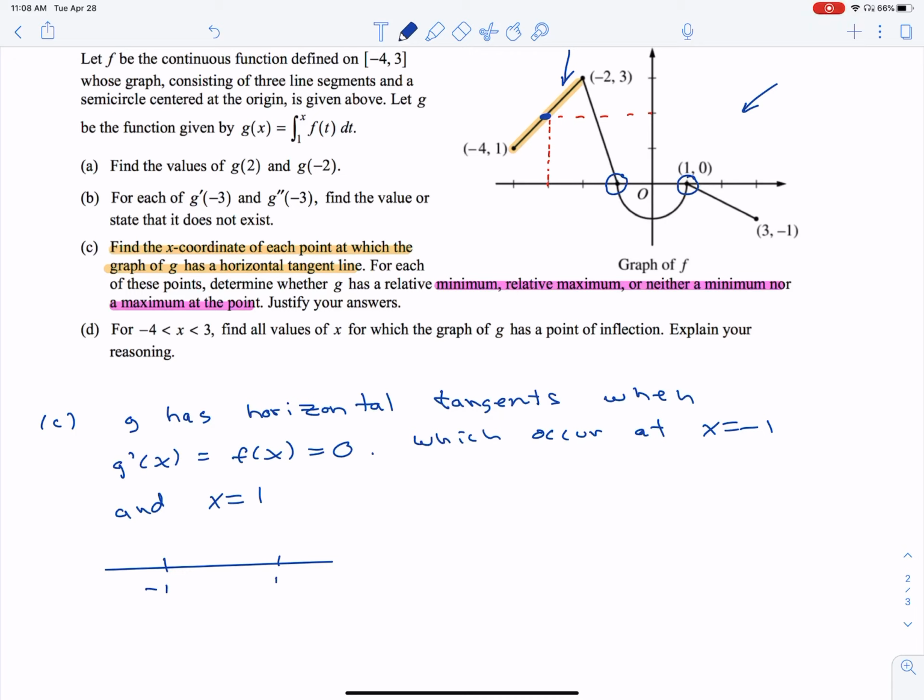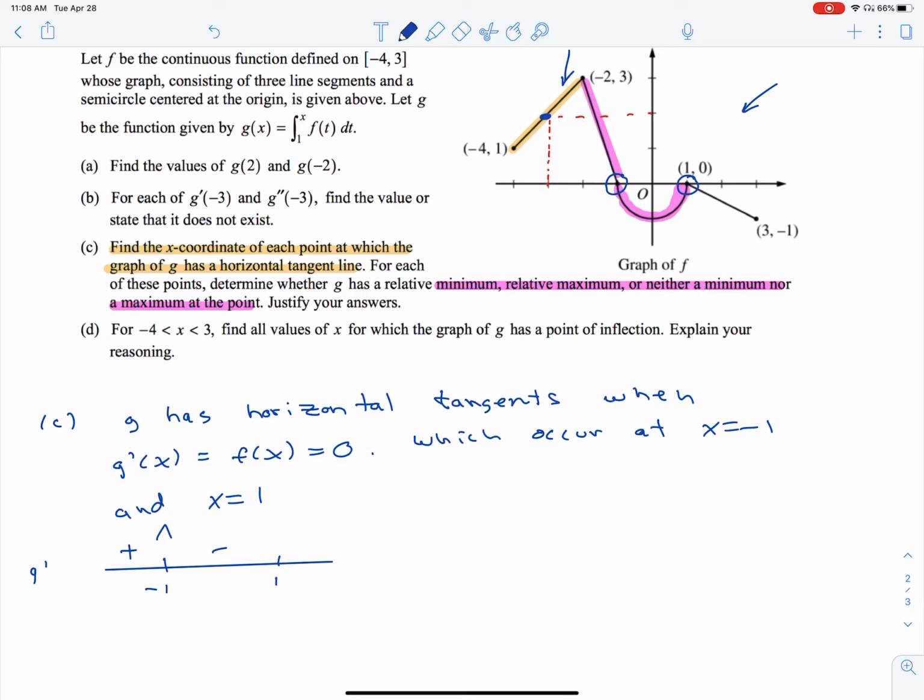So we have -1 and 1 on our sign chart, right? So this is g prime. Again, AP is not going to look at this. So to the left of -1, I think you'd agree the graph lies above the x-axis. So in other words, it's positive. To the right of -1, it lies below the x-axis. So it is negative. So we have a maximum at -1.